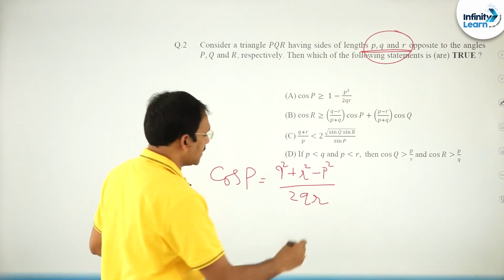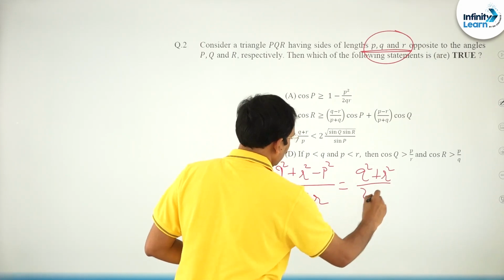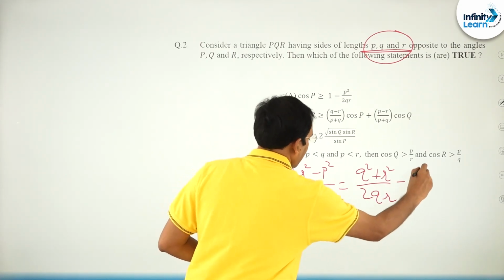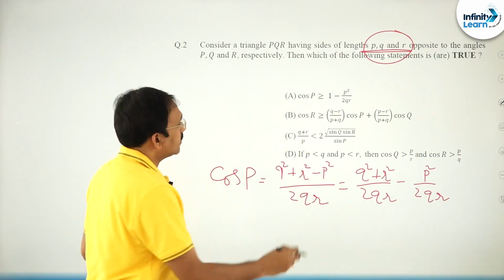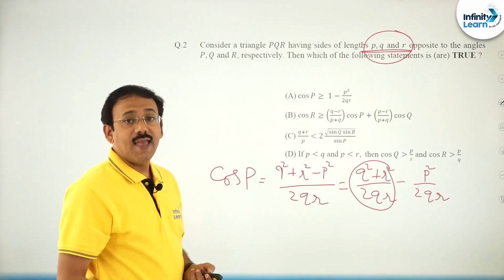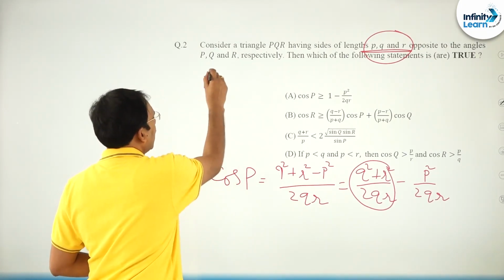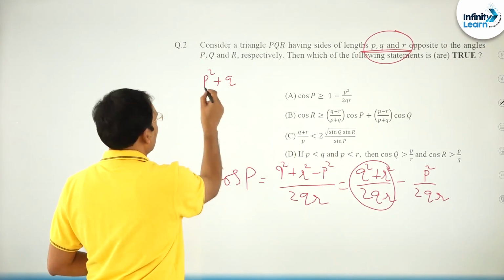So you can separate it as q square plus r square by 2qr minus p square by 2qr. Here he is forming an inequality, so you just apply the AM-GM inequality for q square and r square.